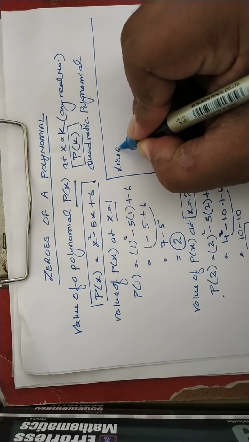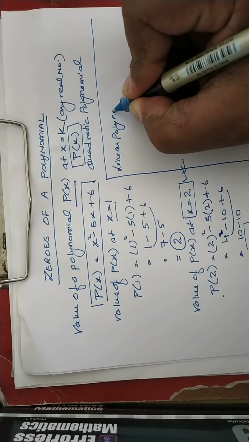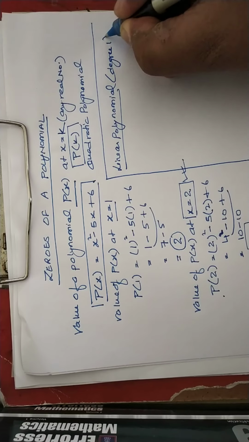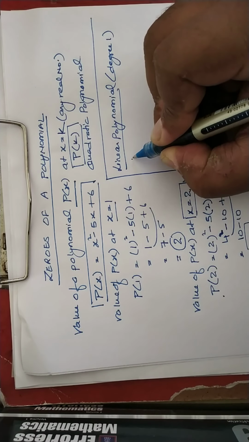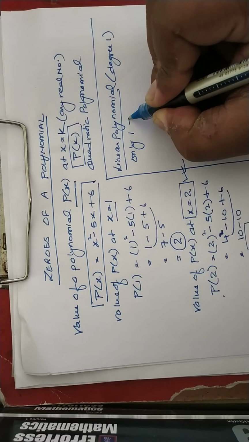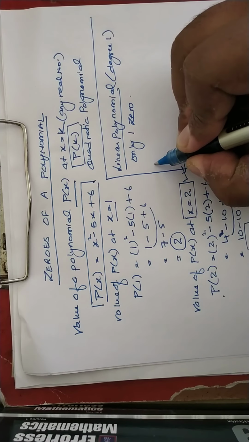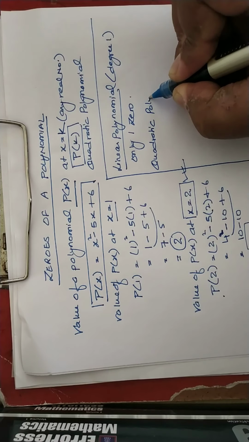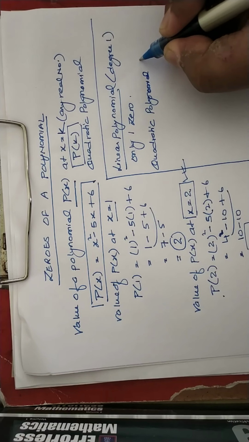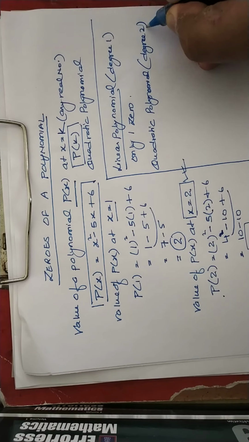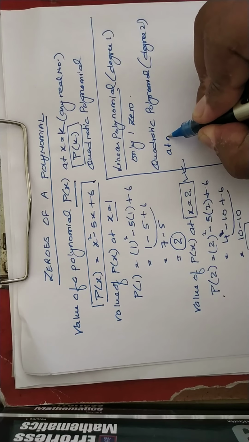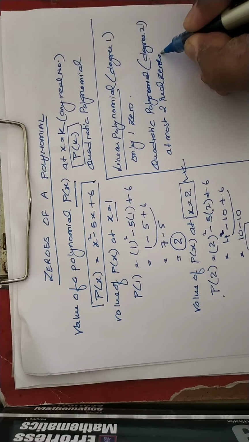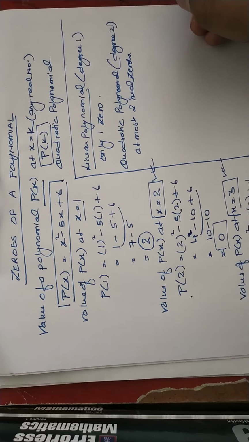A linear polynomial, whose degree is 1, has only 1 zero. A quadratic polynomial, whose degree is 2, will have at most 2 real zeros. Similarly, a cubic polynomial will have at most 3 real zeros.